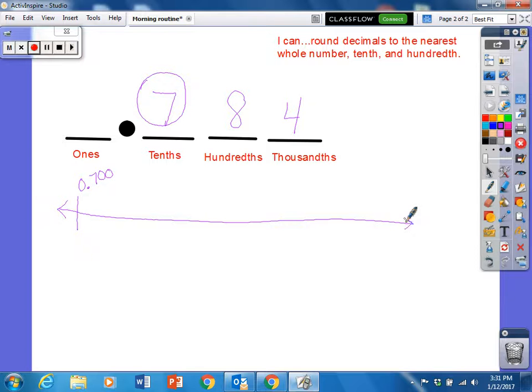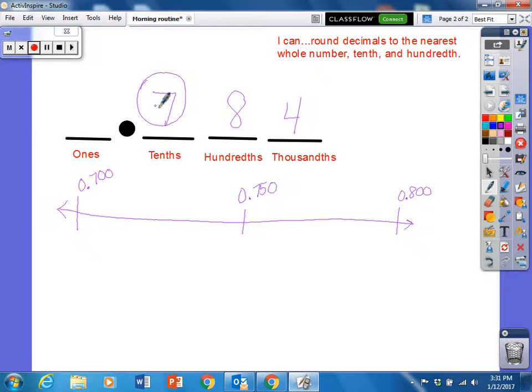placeholder. So if I'm starting with 700 thousandths, my last benchmark is going to be 800 thousandths. Because if I start with 7, my next tenth up is 8. My midpoint would be 750 thousandths. Because midway between 700 and 800 is 750.